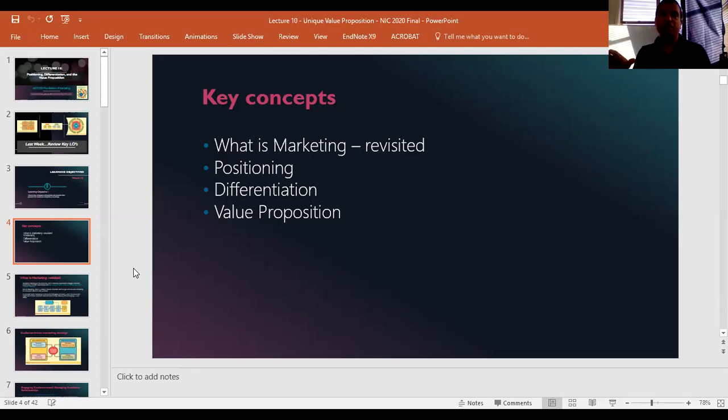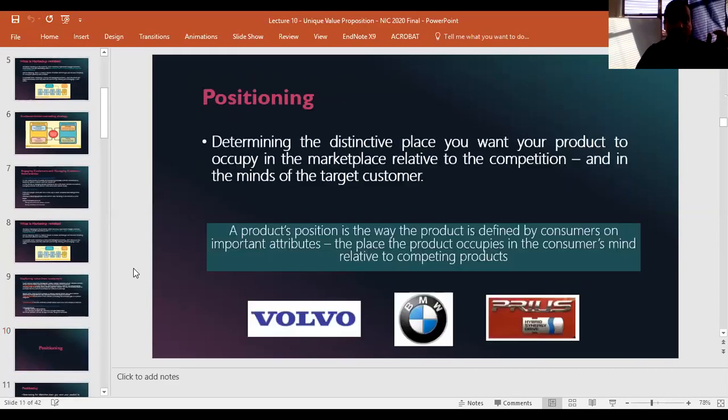Just keep in mind, not every company is trying to be the best. There are certainly some firms around the world who are continuously driving for the best. For them, the unique value proposition matters a lot, not for others. But for others, positioning, clear differentiation, and clear value proposition, all these three concepts are very, very important from the marketer's point of view.